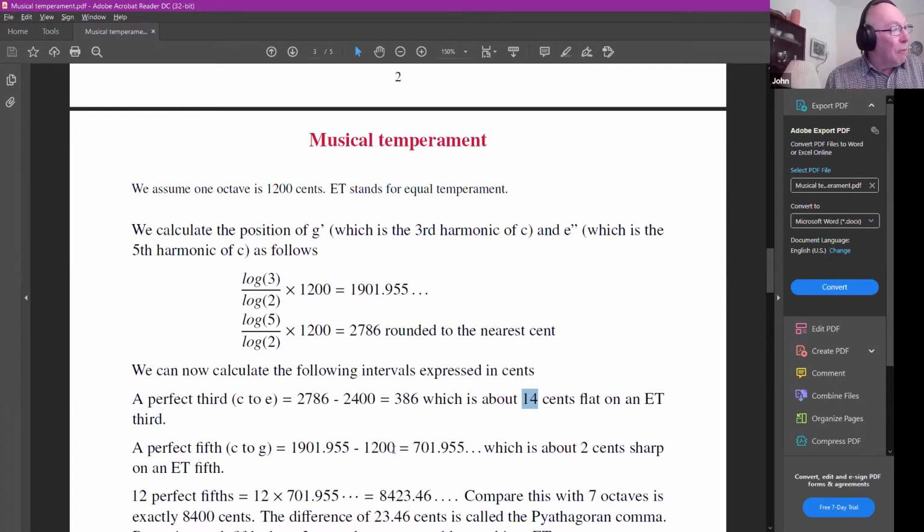What about the fifth? Well, there's the 12th. So if we take off a whole octave, that gets us to nearly 702 cents, which is slightly, the perfect fifth is slightly sharp on the equal temperament scale, which would be 700.